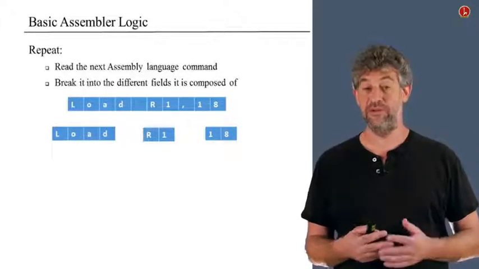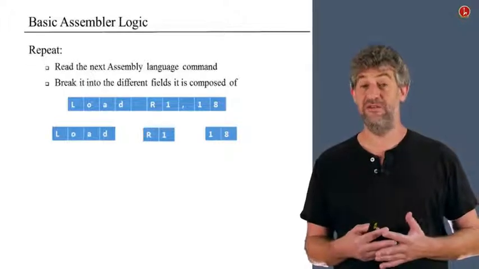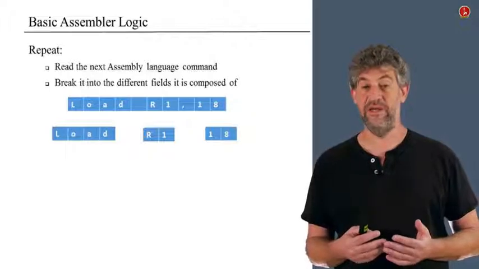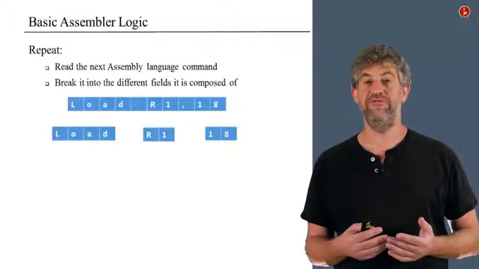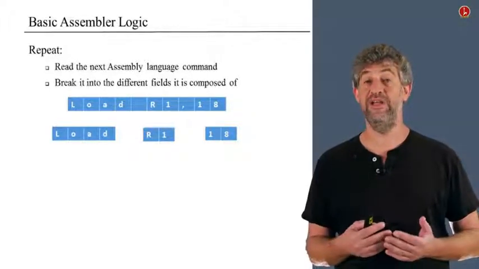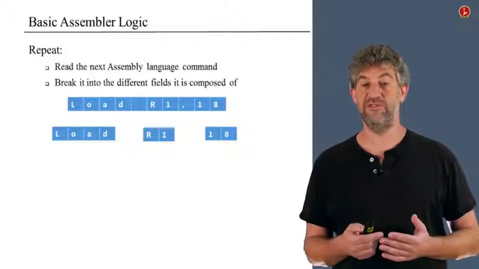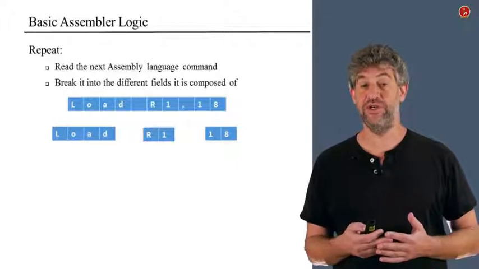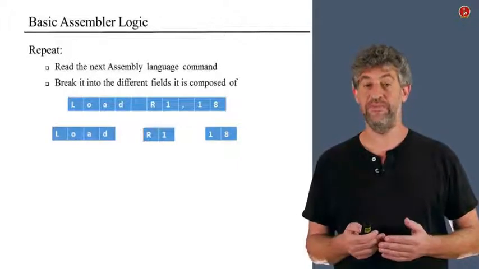So the next thing we have to do is understand the syntax and break the original string into these three different substrings, the three interesting parts involved in this command. That involves some kind of simple string manipulation until we get the different parts.